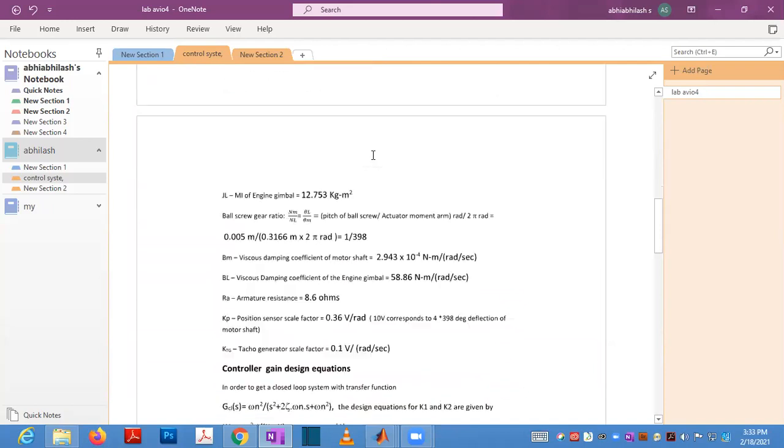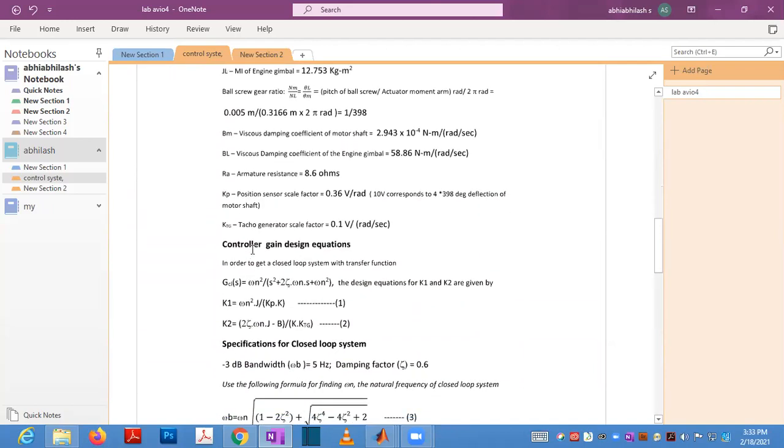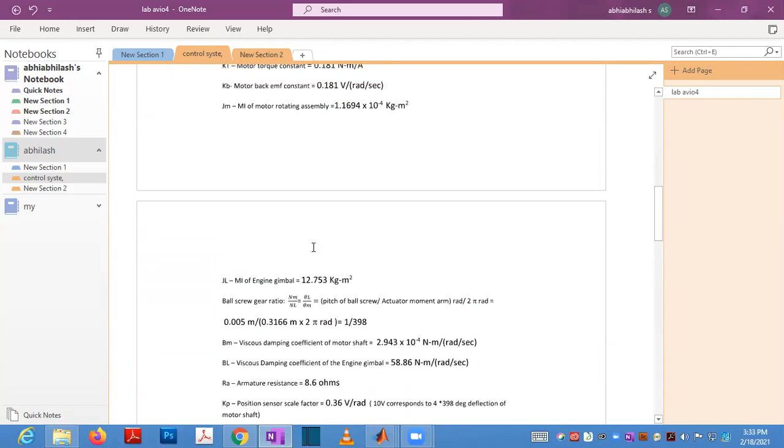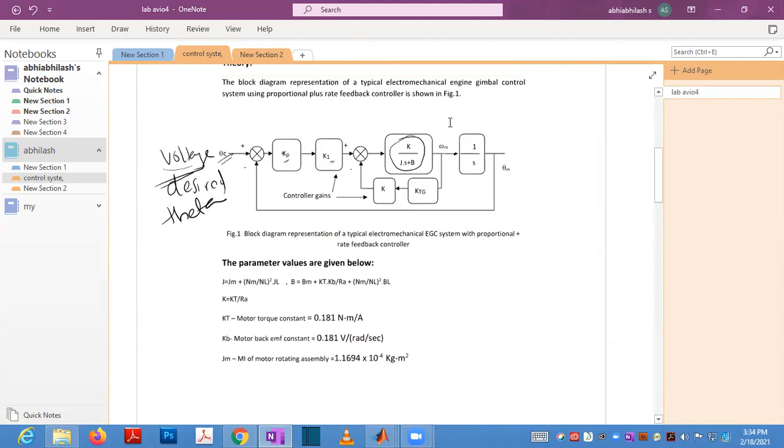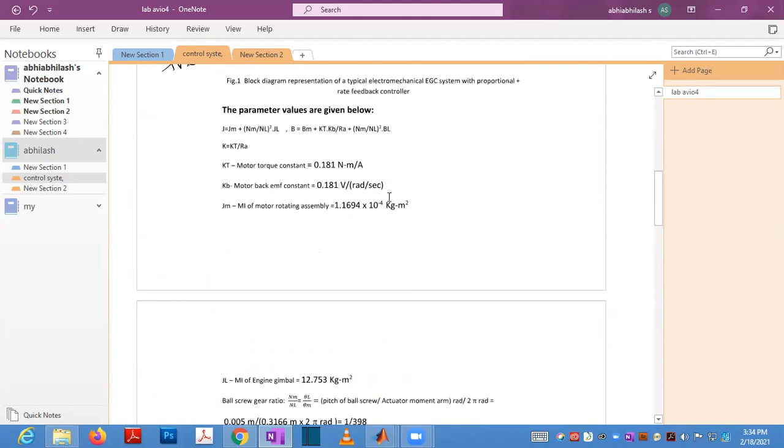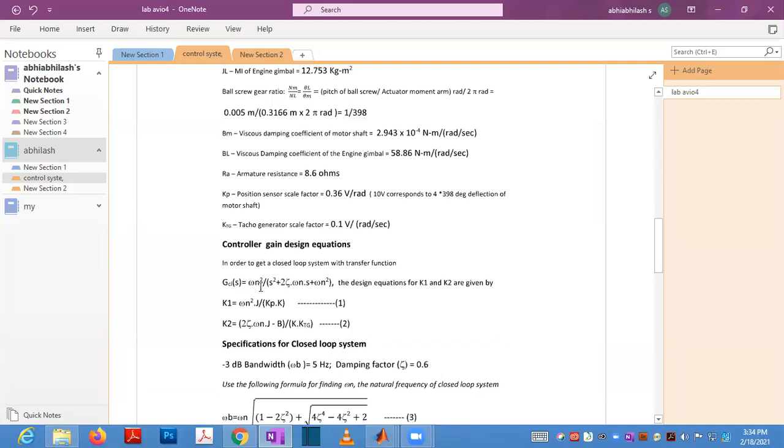That is a simple equation only. The controller gain you have to solve and apply to this equation, omega n square divided by s square plus 2 zeta omega n s plus omega n square. This is the standard second order system. So you will get k1 and k2 from it.